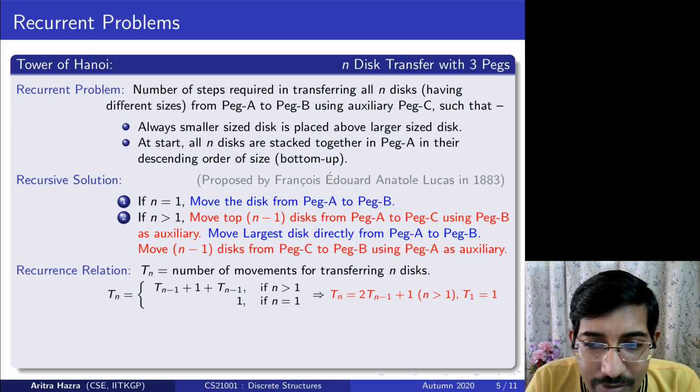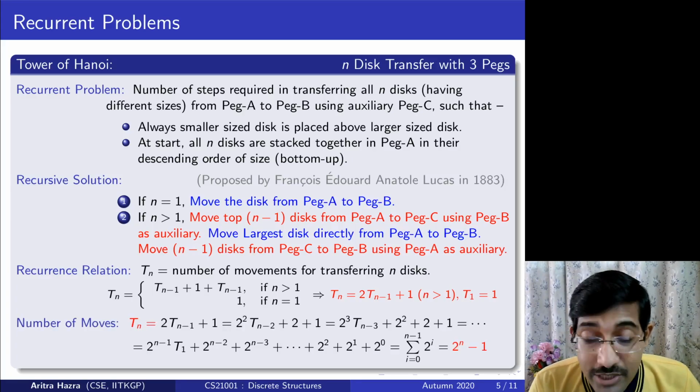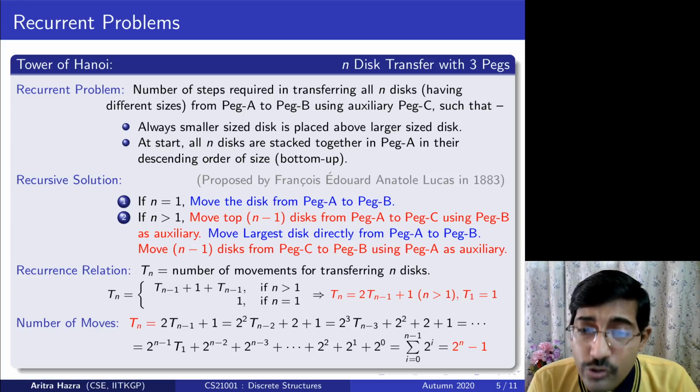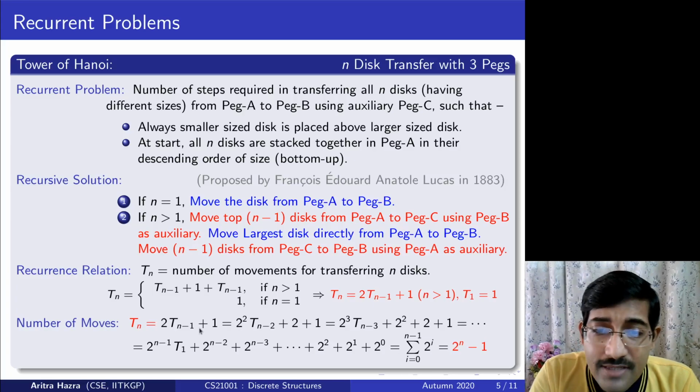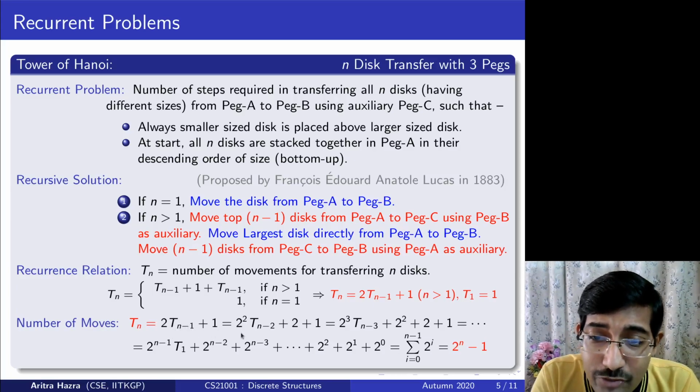Can you remember that we have solved this in our introduction slide just by expanding it, or by using mathematical induction over it, guessing the solution? Now we can also do it by expanding. So we can say that Tn equal to 2Tn minus 1 plus 1, which is again 2 times 2Tn minus 2 plus 1, which will be 2 square Tn minus 2 plus 2 plus 1.